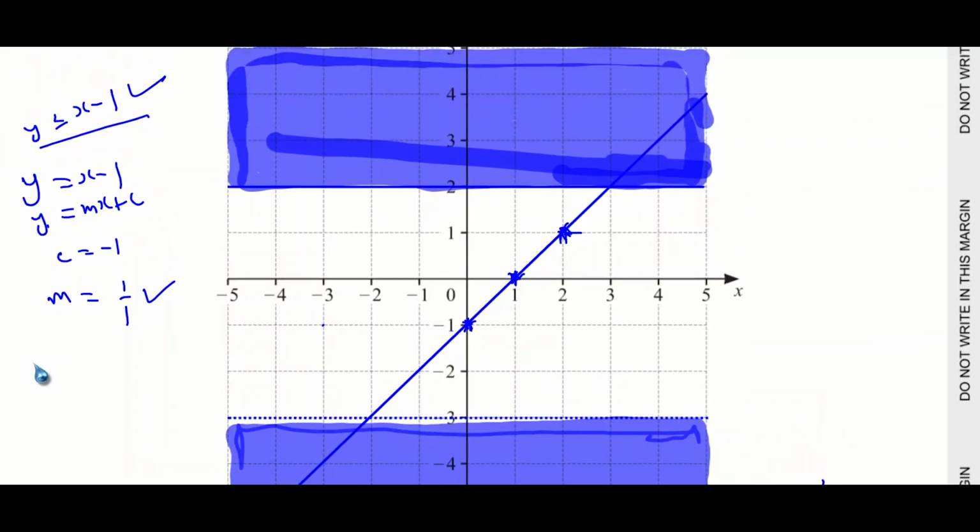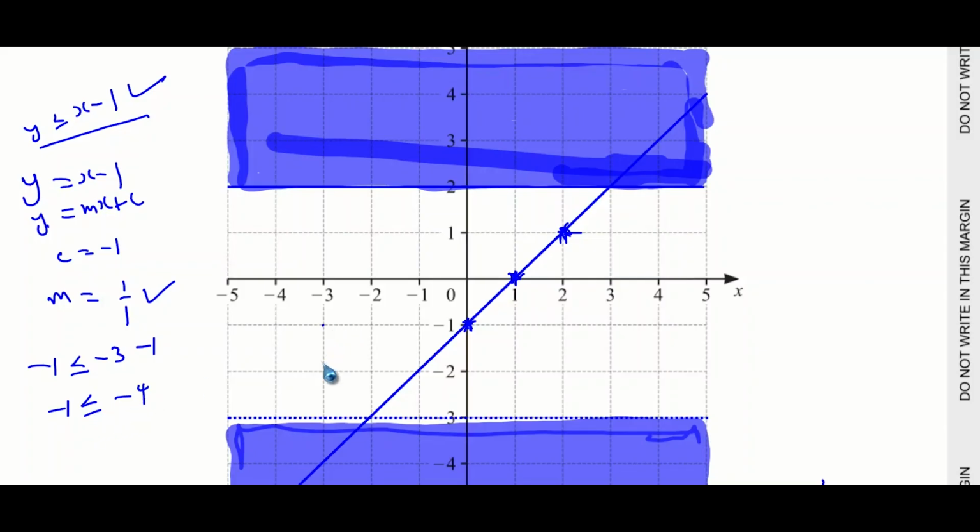So y equals -3, then x equals -1. Then -3 less than or equal to -1 minus 1, so we have -3 less than or equal to -4. So this is not true. -3 is not less than -4, and it's not equal to -4. So -3 is greater.